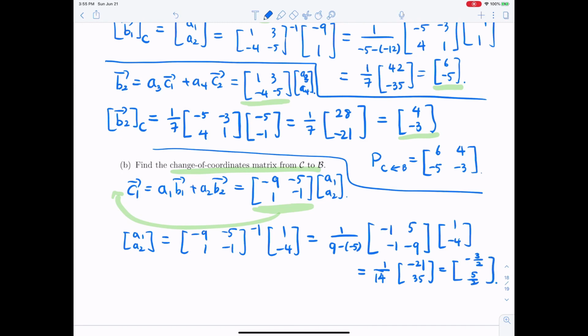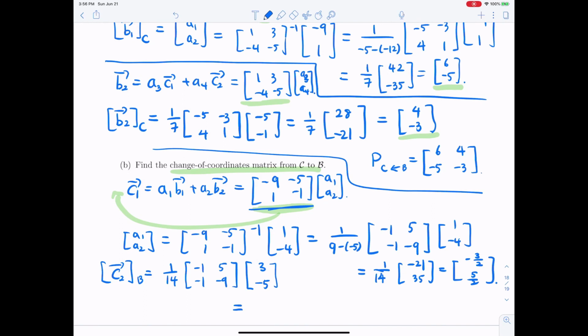And also by the same argument, we can calculate the B coordinate of C2, which equals the inverse of this matrix, given by 1/14 times [-1, 5; -1, -9]. And then you multiply this by the vector C2, which is given by (3, -5).